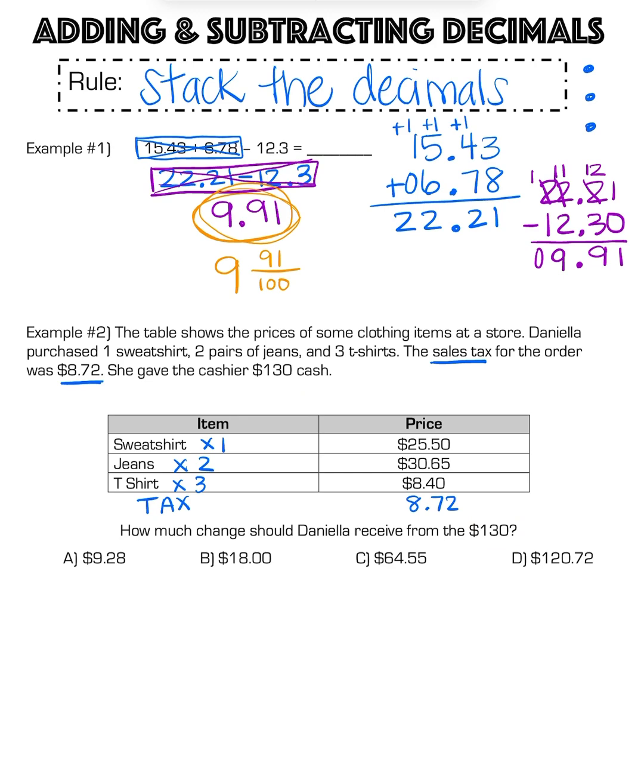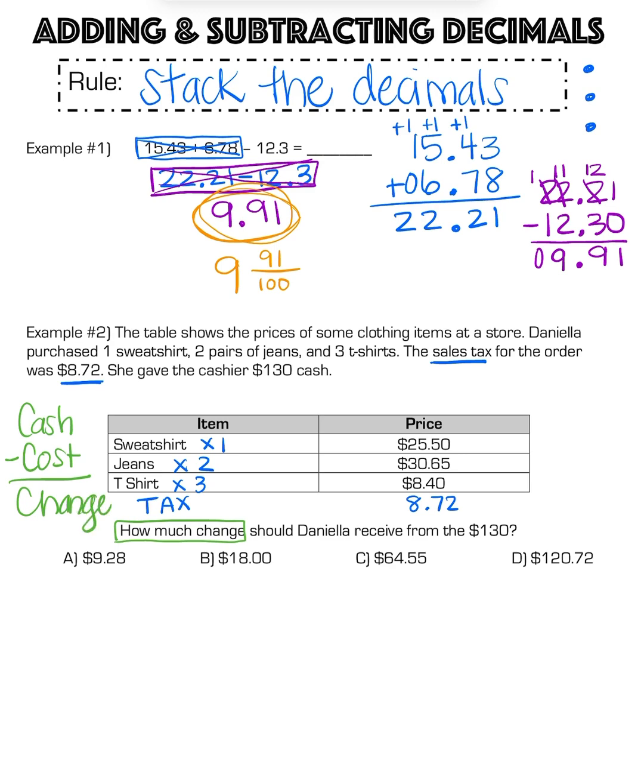So first, we need to find out what is our total cost. So let's make a little note for ourselves. We're looking for the change. So how do we find change? Well, we're going to take cash, we're going to subtract cost, and that's going to equal our change.